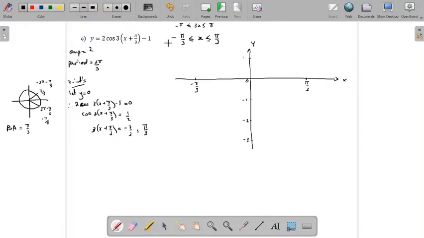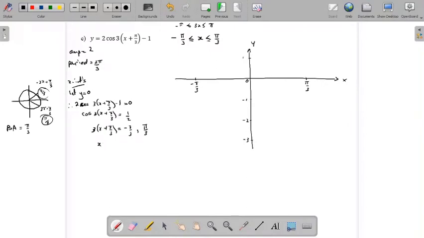We're still graphing from negative pi on 3 to pi on 3, but in terms of determining our x-intercepts, we need to alter this so that we know how many times we're going. So we're going from negative pi through to positive pi, which actually is not going to change anything. It's still just once around the unit circle. So we've got 2 answers here, this one and this one here. All right, so then we now need to solve for x.